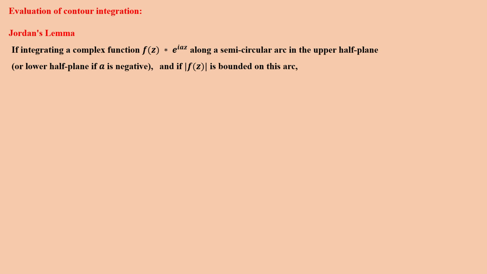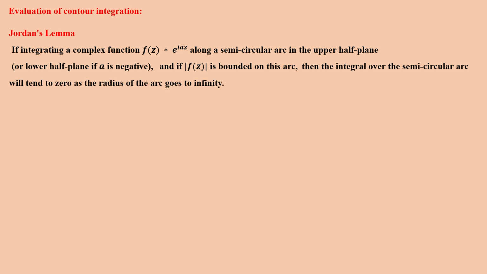And if the modulus of f(z) is bounded on this arc, then the integral over the semicircular arc will tend to 0 as the radius of the arc goes to infinity. So this is Jordan's lemma.